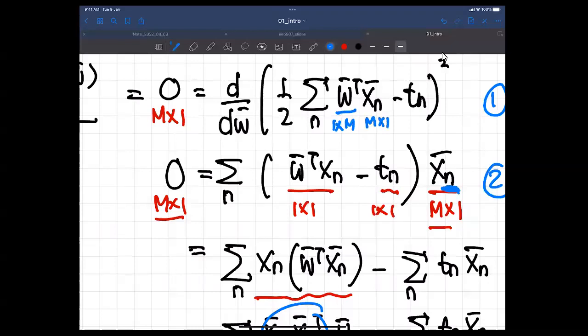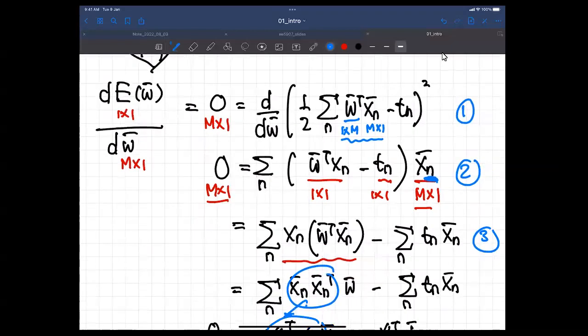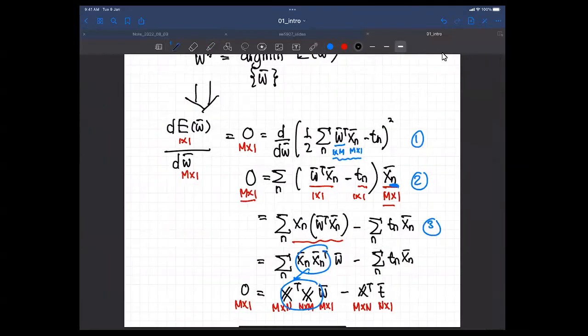Yes. So this multiplication is 1 by 1. So on line 2, there should be a bar. Yes, sometimes I forget about this. That's the bar, because this is the model complexity. I often forget about the bar, so forgive me on that.